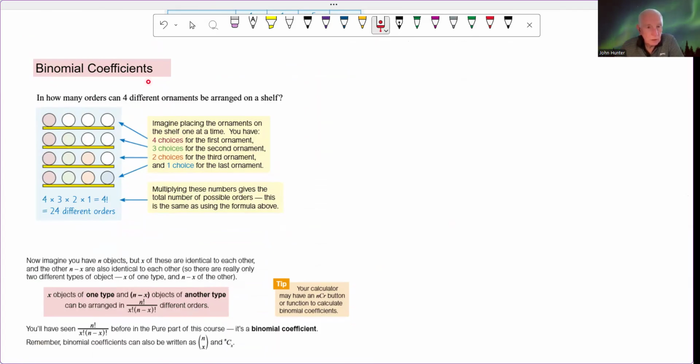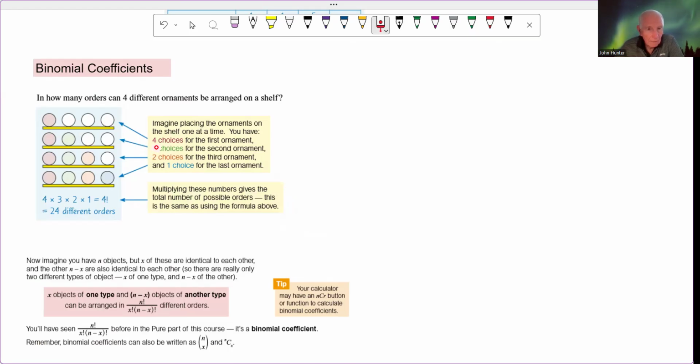The binomial coefficients. In how many orders can 4 different ornaments be arranged on a shelf? Imagine placing the ornaments on the shelf one at a time, all different colors here. The white ones are just locations that we haven't used yet.